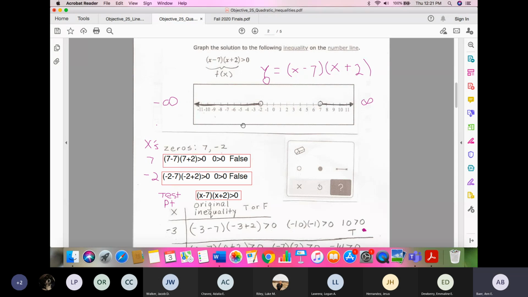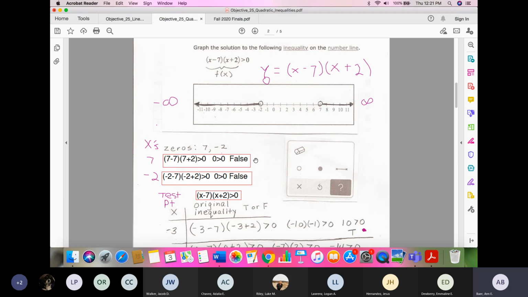And if we check our other 0 in the original, negative 2, we get negative 2 minus 7 times negative 2 plus 2. Negative 2 minus 7 is negative 9. Negative 2 plus 2 is 0. Negative 9 times 0 is 0. Greater than 0, that's also a false statement. And so at this boundary point, negative 2, which is right here, we also want to draw an open circle.